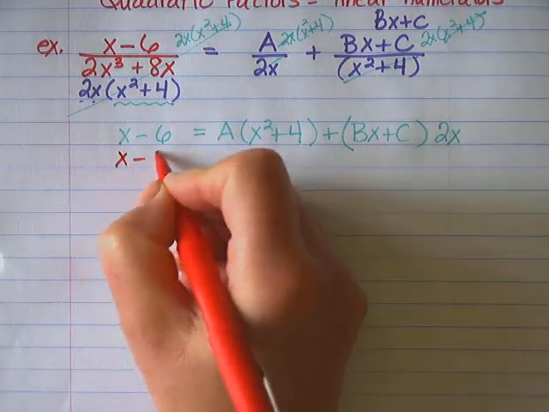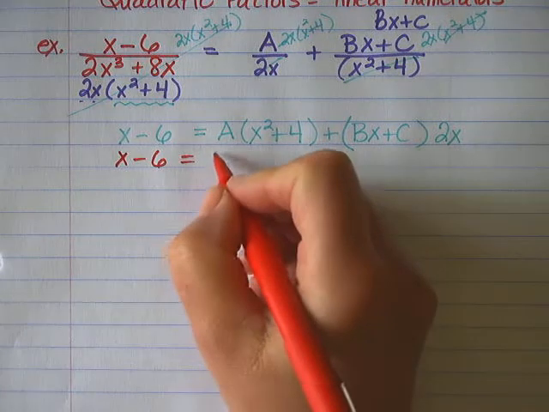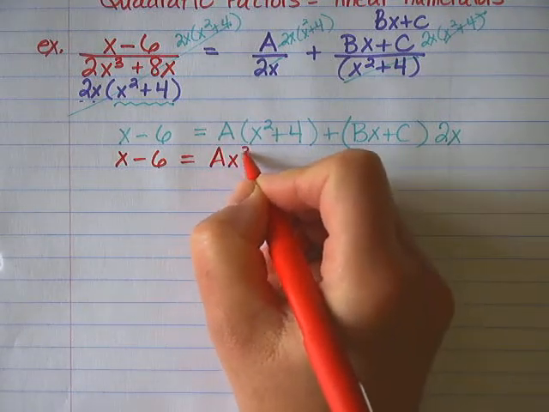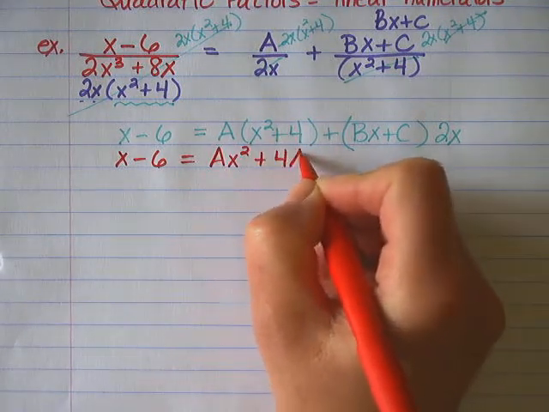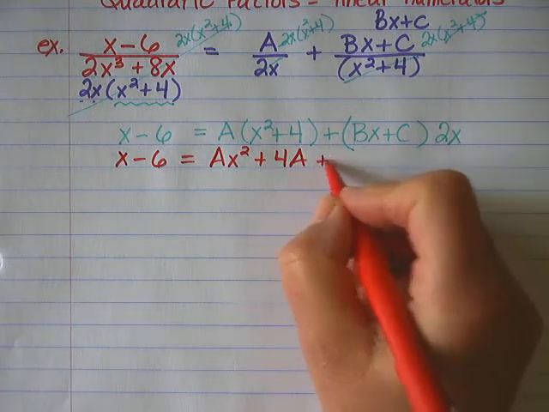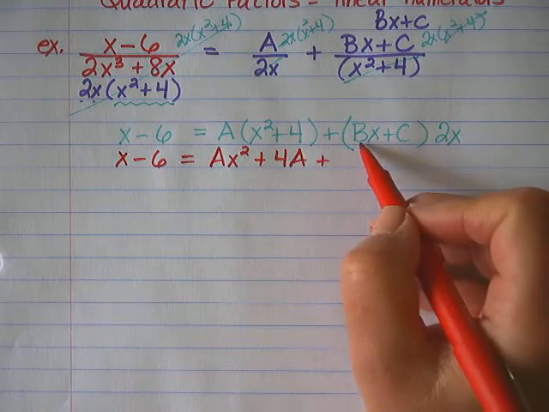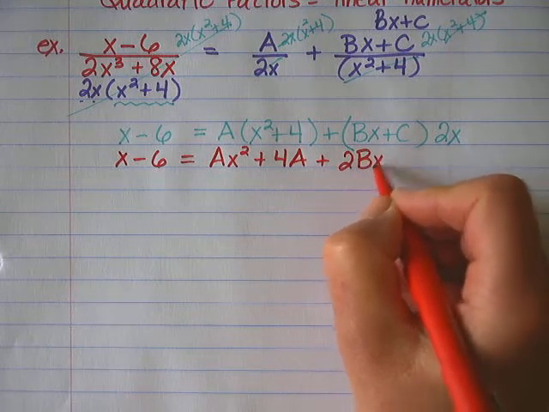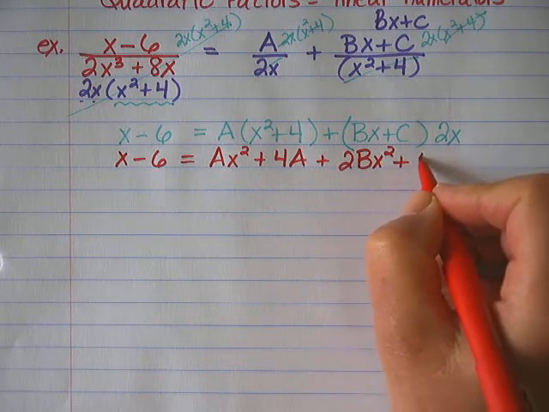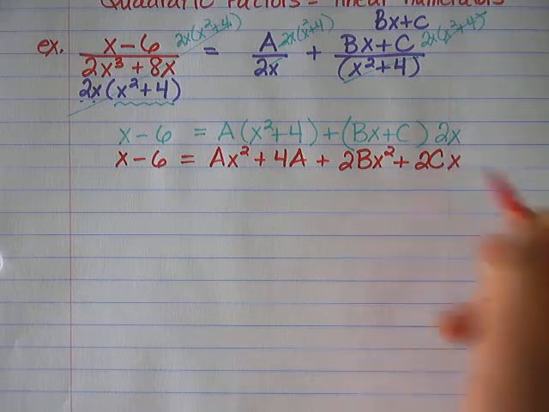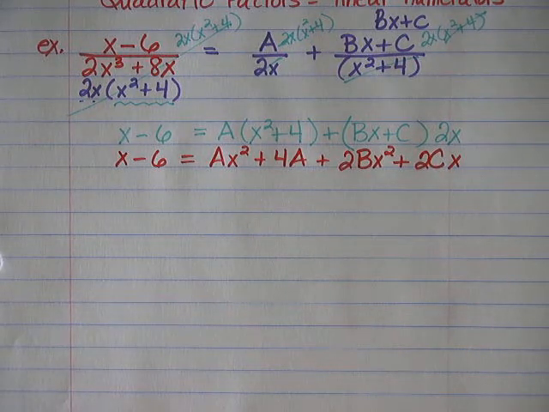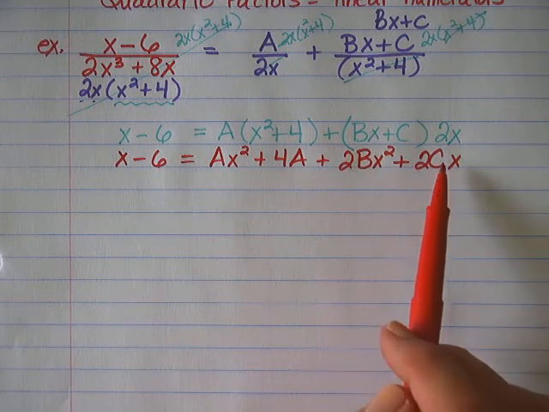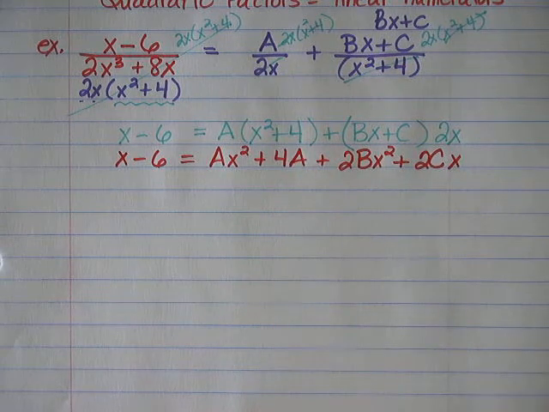So x minus 6 remains unchanged. And then this is a times x squared plus 4 times a, plus if I multiply 2x times b times x, I would get 2 times b times x squared plus 2 times c times x, because remember that b, c, and a are just numbers.